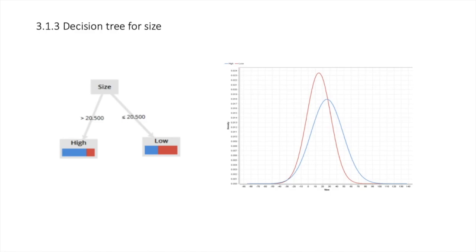And the distribution of low demand application focuses on around 15 MB, while the distribution of high demanded applications focuses on around 27 MB. That means if Google Play would like to promote some popular application, size around 27 MB is an optimal choice.